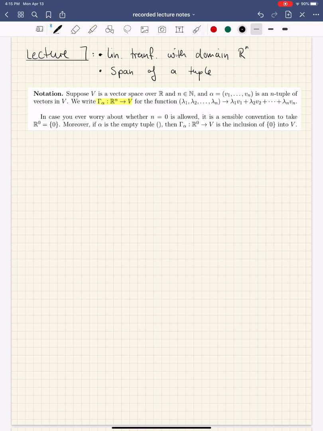We can fix some tuple of vectors in a vector space V, and this will code a linear transformation from Rn to V, where I'm just going to let the image of a tuple lambda 1 through lambda n be the linear combination of the given tuple alpha, v1 through vn, with coefficients lambda 1 through lambda n. So this is the right hand side here.